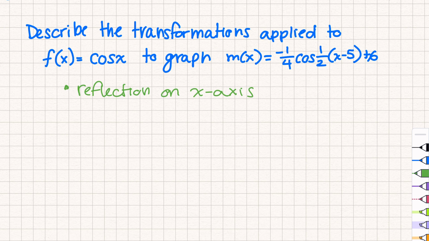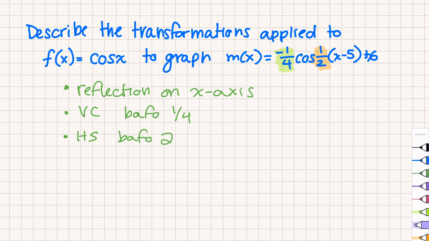Our a value also tells us that there's a vertical compression by a factor of 1 over 4. So that's our a value. Next, we're going to look at our k value. Now remember, when we look at our k value, it's the opposite. So our k value is 1 over 2, which means there's a horizontal stretch by a factor of 2.